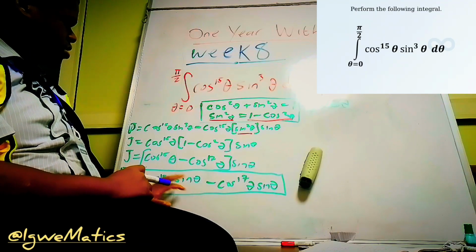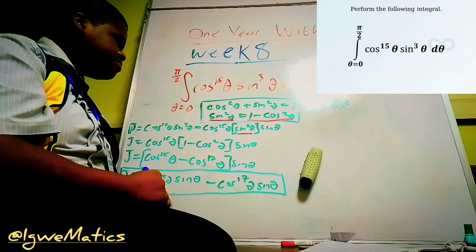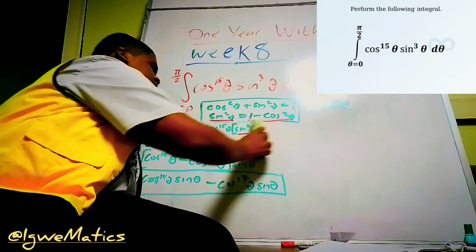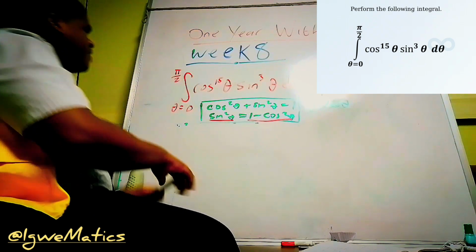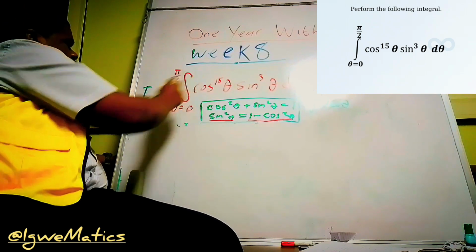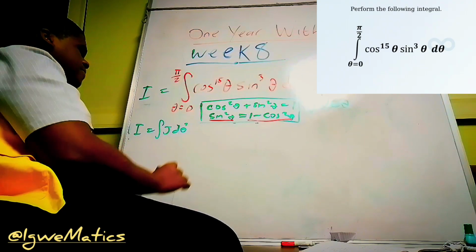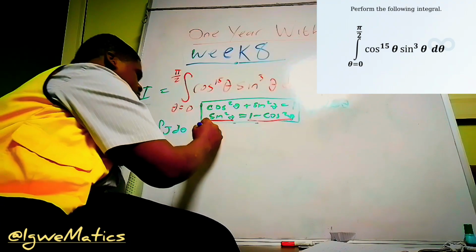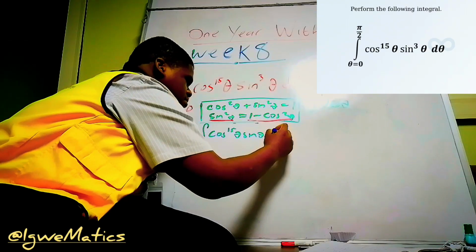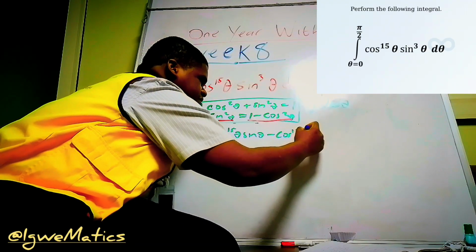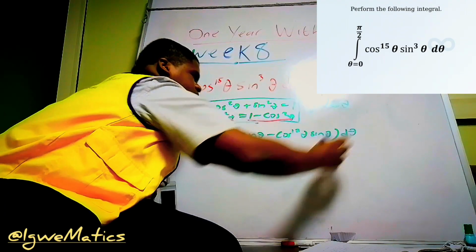So we can replace J here with the previous value of J. If we do that, our integral I is equal to the integral of J with respect to theta, which is the integral of cos to the power of 15 theta sine theta minus cos to the power of 17 theta sine theta, with respect to theta.